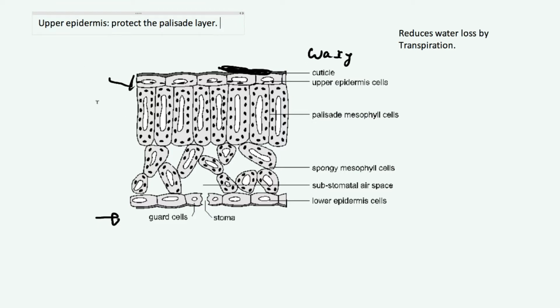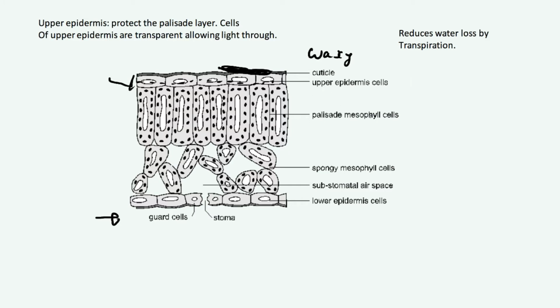Also, the cells of upper epidermis are transparent, allowing light through. Light needs to come through the leaf because below it is what's going to be carrying out photosynthesis. And that's what we'll come on to next.